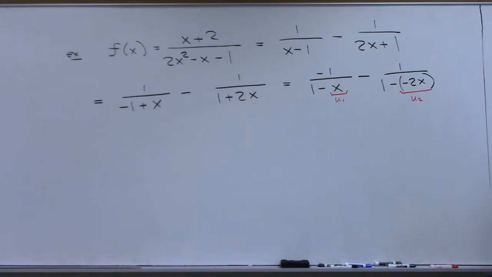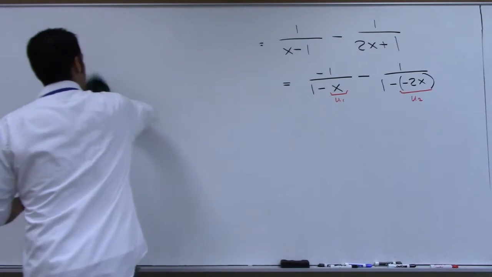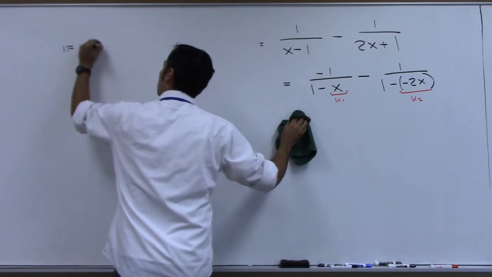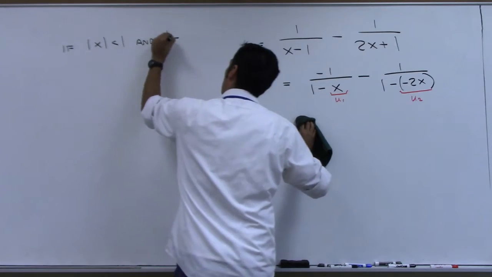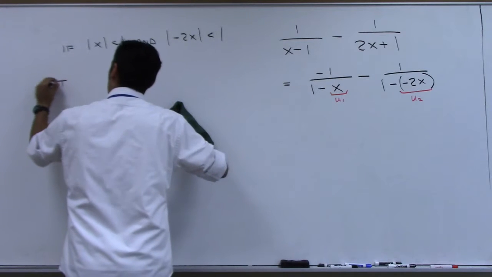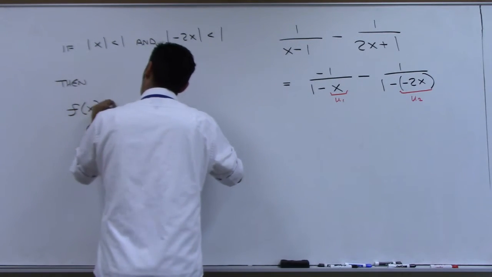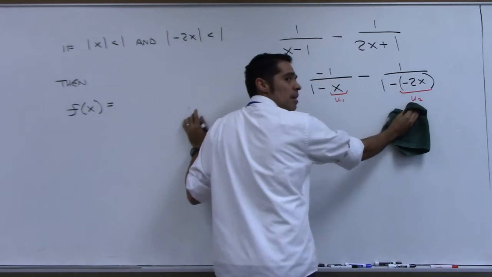All right, we good? All right, so here's where we are. If the absolute value of x is less than 1 and the absolute value of negative 2x is less than 1, then the original function will turn into this minus this, right?